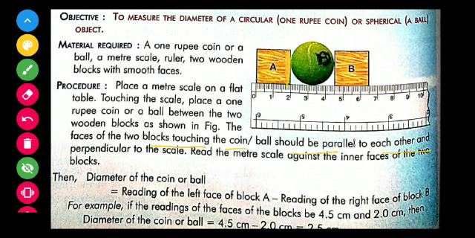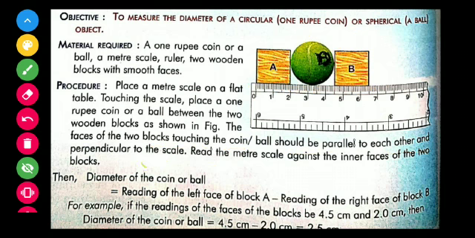This is the face of block A and this is the face of block B. There will be contact between the spherical body and the blocks, and the blocks should be perpendicular to the scale, that is, at 90 degrees.